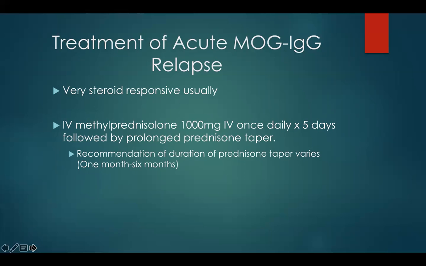The UK group uses a minimum of 6 months and then retests the anti-MOG at that point. And if they are seronegative, they will taper off the steroid. But the patient should be receiving at least 1 month of prednisone if they are found to be anti-MOG positive, and that's the prednisone after they've received the methylprednisolone upfront.